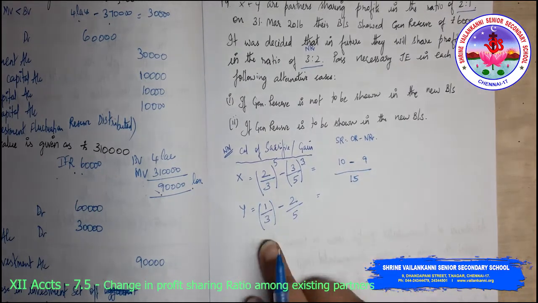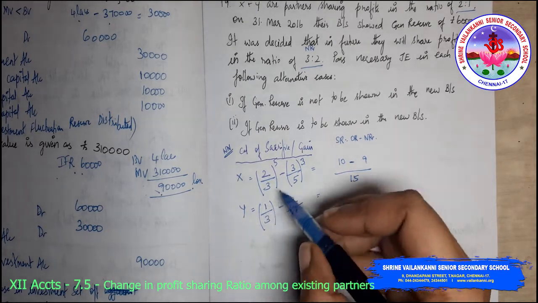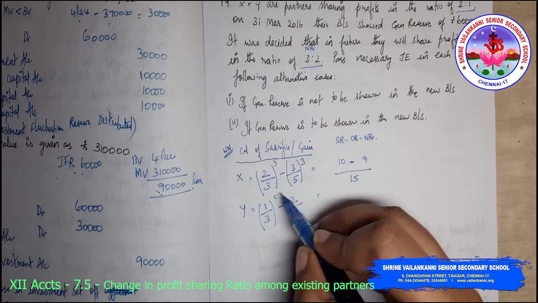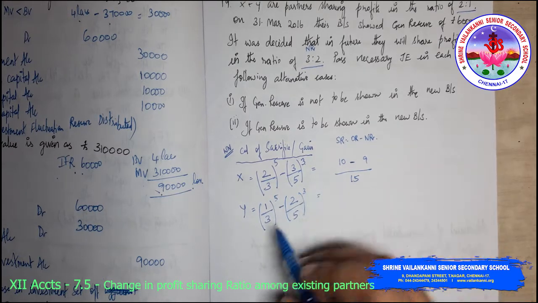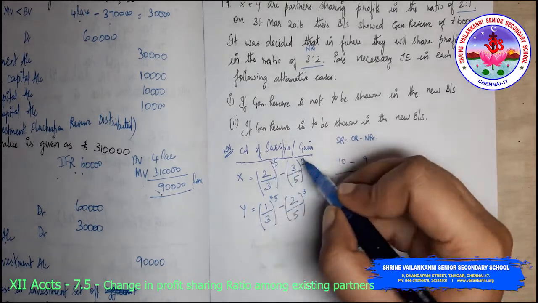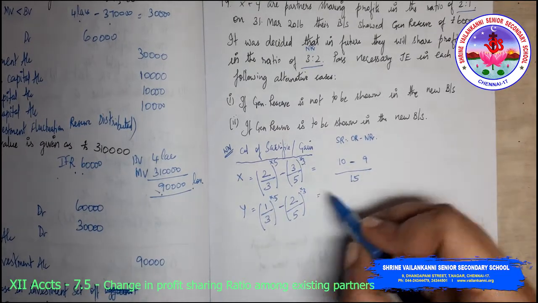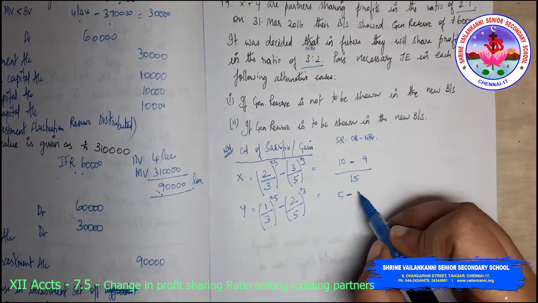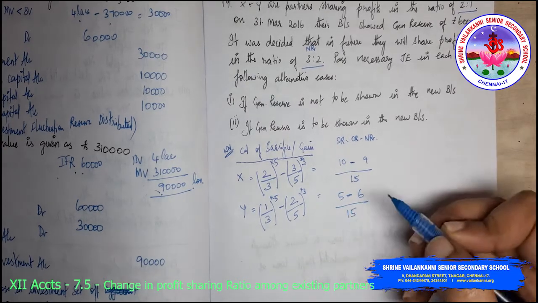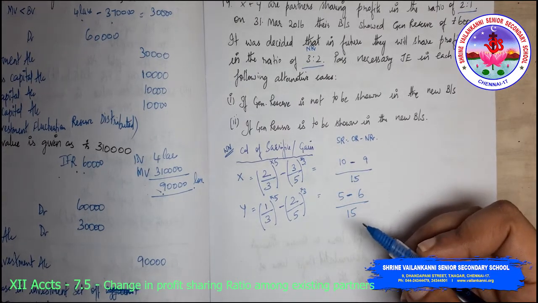Similarly, I'm going to compare this, so the denominator should be equal. So multiplied by 5 and multiplied by 3. I'm just showing it as a multiplication symbol, don't take it as power. So 5 minus 6 divided by 15. This is what we get when we calculate.